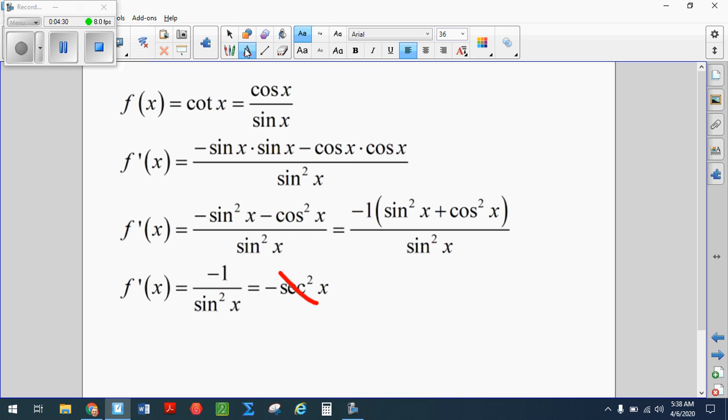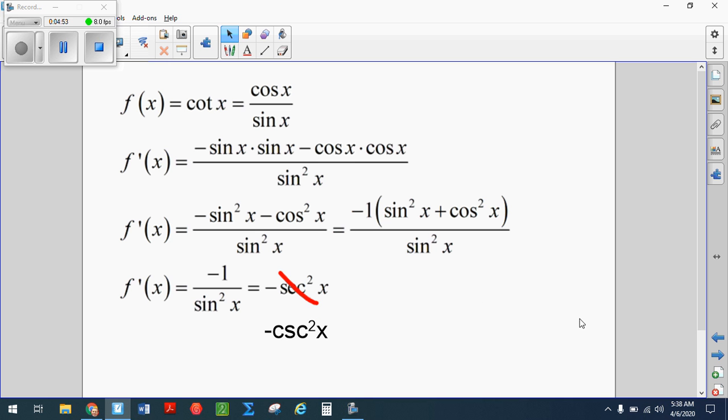Let's fix that. All right, so derivative of cotangent is negative cosecant squared. That's better.